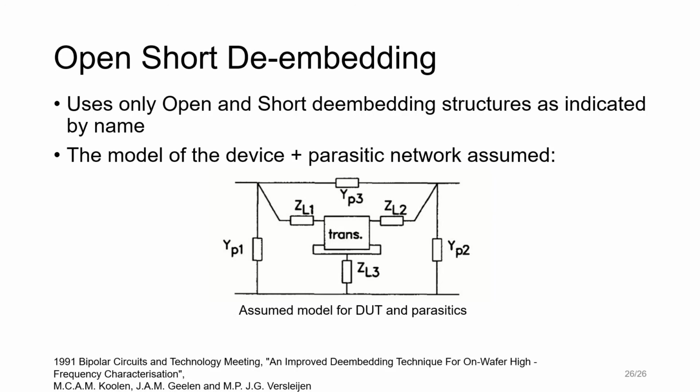So the data that we have obtained from measuring the device along with the pads is modeled as shown in this figure. We observe that the ZL1, 2, 3 notation is used to indicate the network that is in series with the actual device, and the YP1, 2, 3 is used to indicate the parallel admittances in the network.